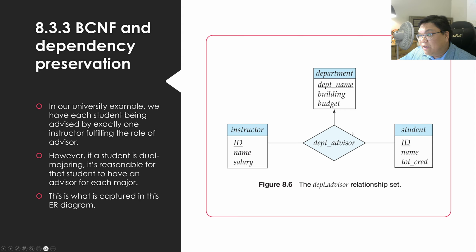That's also what this arrowhead is saying for this entity department. This is basically what I'm saying here: one advisor per student per department. And this is what that ER diagram captures here. One advisor per student per department.